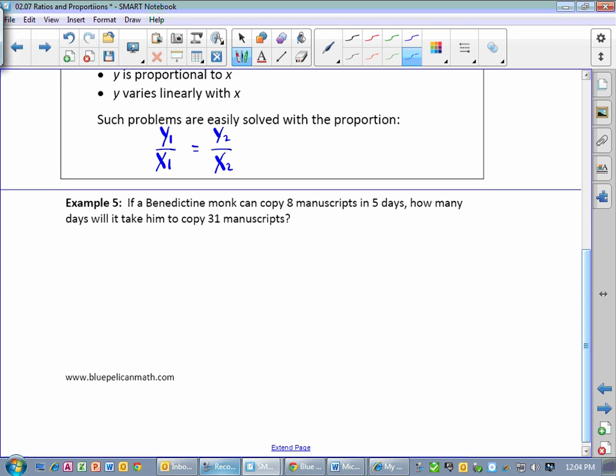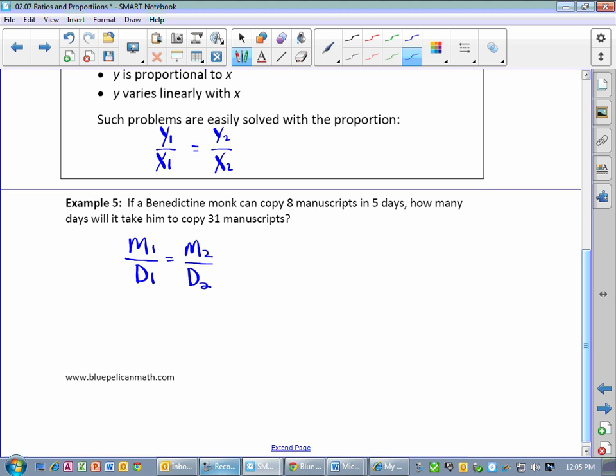So anyway, he can copy 8 manuscripts in 5 days. It says how many days will it take for him to copy 31 manuscripts? So the proportion we want to use here is manuscripts to days. I'm going to say M over D, so the number of manuscripts to the number of days. I'll call this the first, M1 over D1, equals M2 over D2.